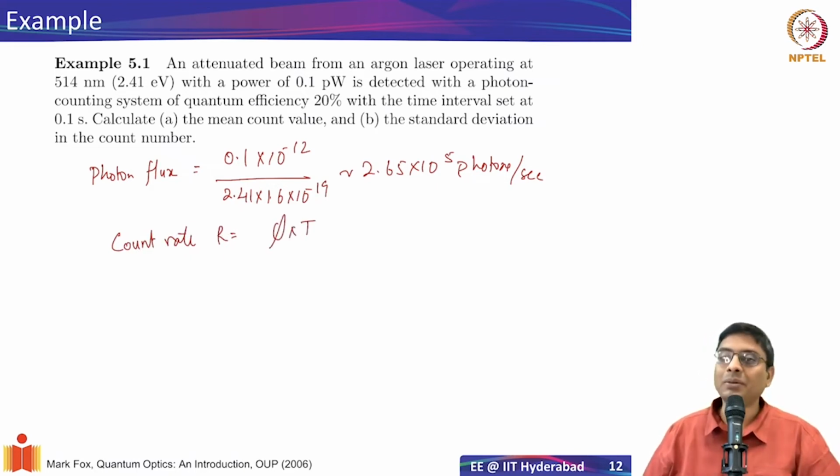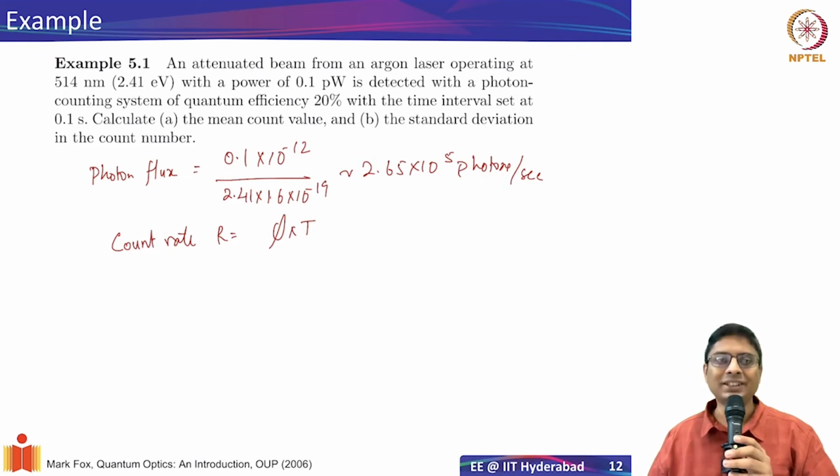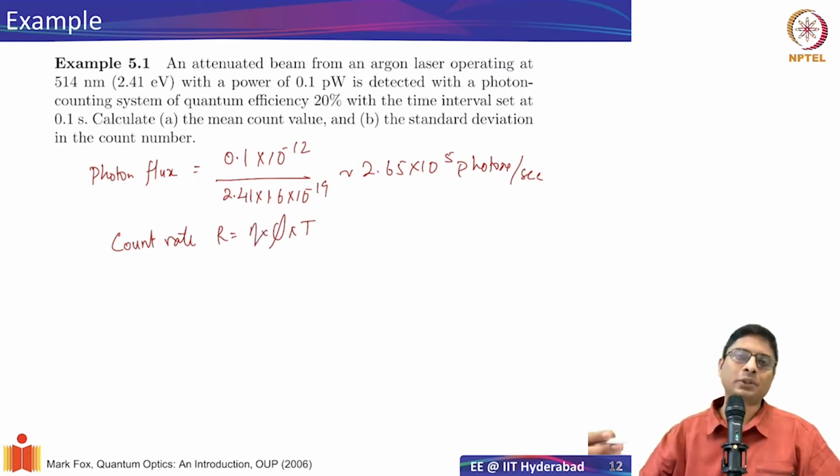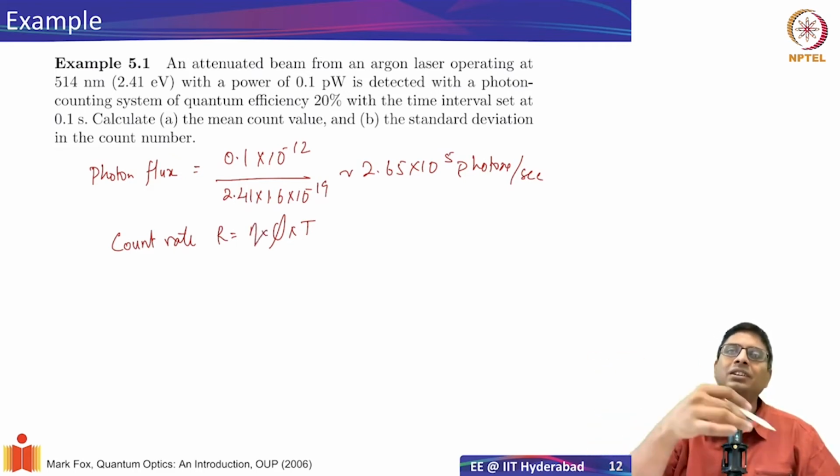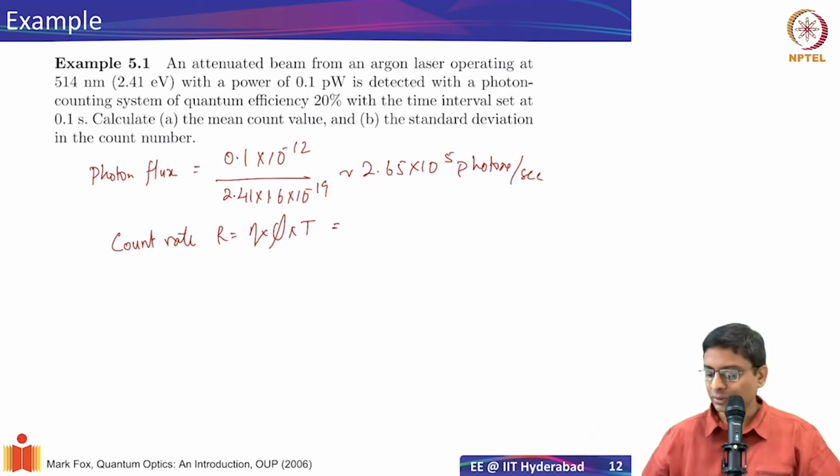But we should remember that the detector's quantum efficiency comes into the picture. We would like the detector's quantum efficiency to be high, but sometimes it is not. In this case, the quantum efficiency is given as 20%. So this is going to be eta. Out of n photons, only eta times n will actually be detected by the photon counting system. So this is equal to 0.2 into the photon flux 2.65 into 10 power 5, into time 0.1.